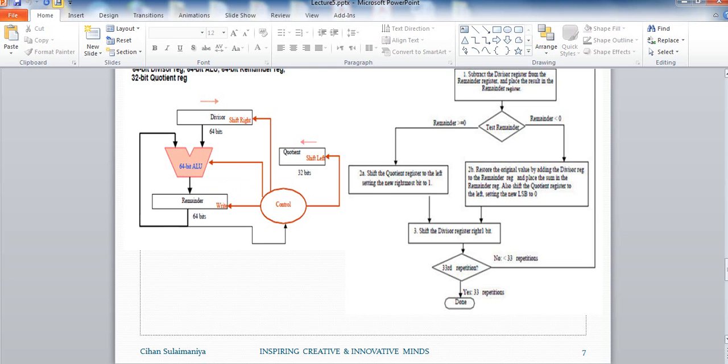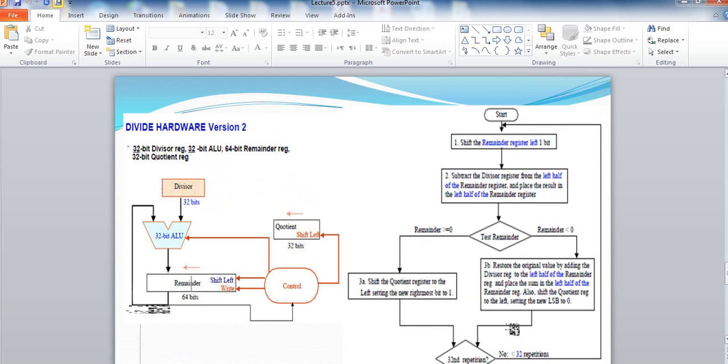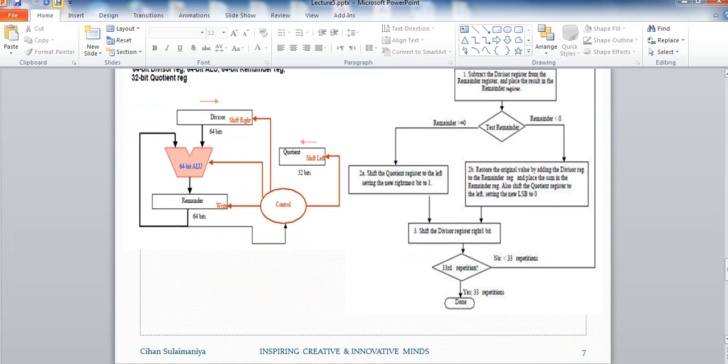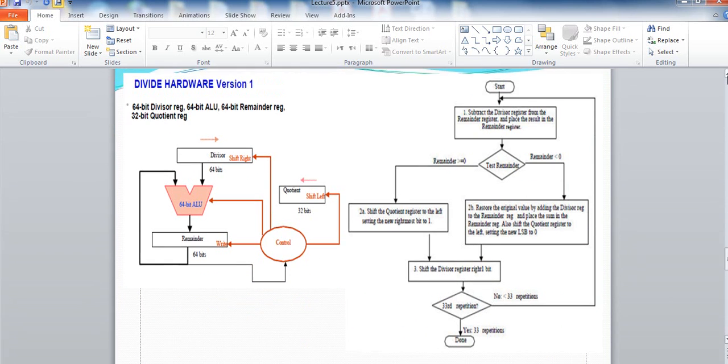For hardware version 2, to make it cheaper, the operation is done in the remainder, whereas in version 1 we do it in the divisor. All the subtraction is compared with the divisor.